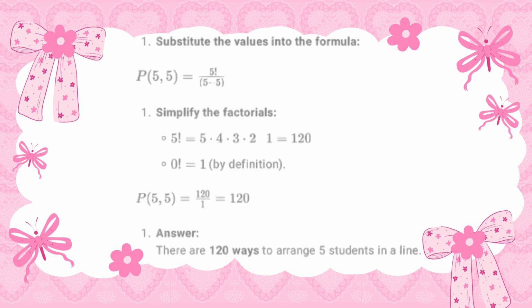Simplify the factorials. 5 factorial equals 5 times 4 times 3 times 2 times 1 equals 120. 0 factorial equals 1 by definition. P(5, 5) equals 120 over 1 equals 120. The answer: there are 120 ways to arrange 5 students in a line.